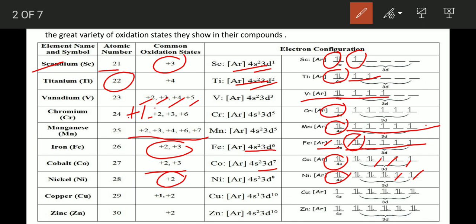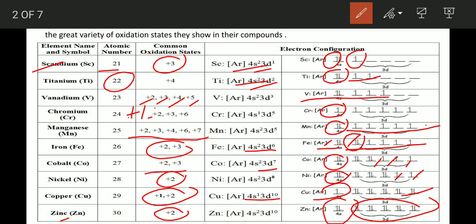Copper, anomalous behavior, 4s1 and 3d10. Because of that, it can show +1 as well as +2 oxidation state. Zinc only +2, because these are stable, fully filled orbitals, more stable, and these electrons participate in bond formation, that's why it's only +2.